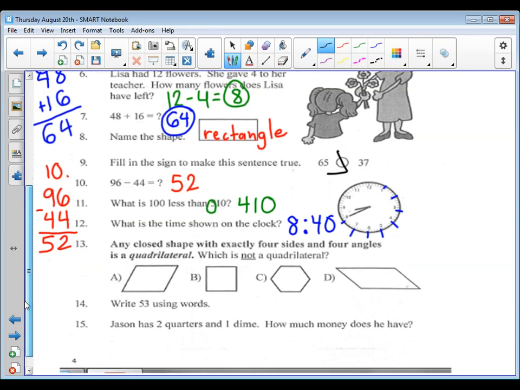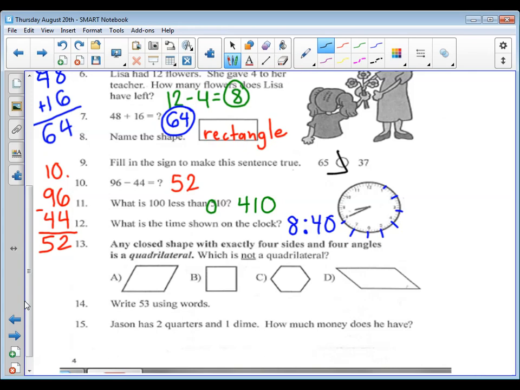Number 13 says, any closed shape with exactly 4 sides and 4 angles is a quadrilateral. Which is not a quadrilateral? Remember, it has to have 4 sides and 4 angles. Do you see which one is not a quadrilateral?